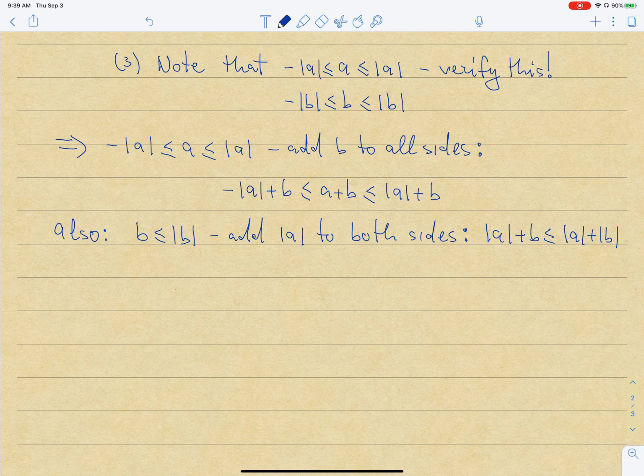So we have this. And also the second half of this inequality about B, minus absolute value of B is less or equal than B. And so I should be able to add, let me see if that's what I actually want. Yes, I should be able to add minus absolute value of A to both sides.